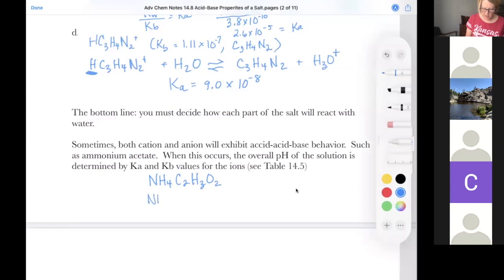So NH4OH would be a base. HC2H3O2 is acetic acid. So in this case, it's a little tricky situation, and your book talks about this one where it exhibits both acid-base. And so when you calculate the overall pH of this solution, you have to use both values because they're going to affect the overall pH.